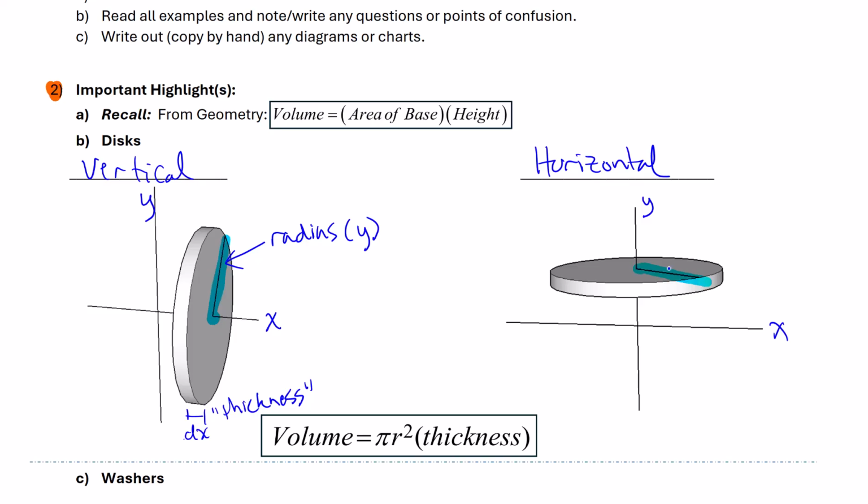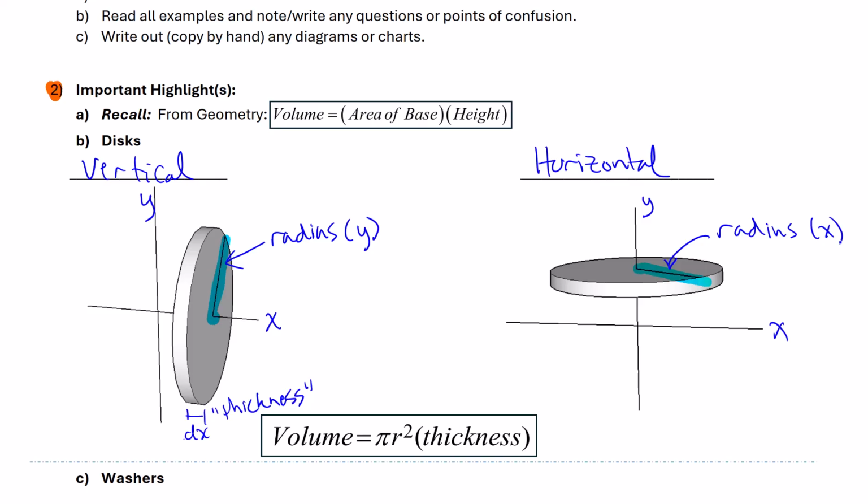So if we label a similar setup with this horizontal disk, we would say that the radius of it is actually an x value, extending out away from the y-axis.